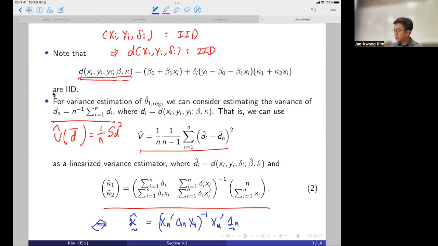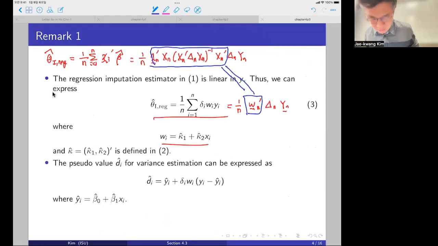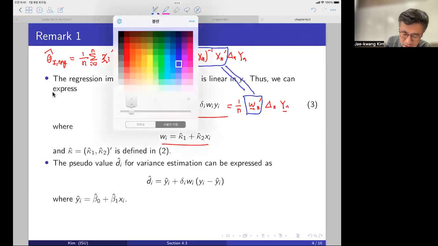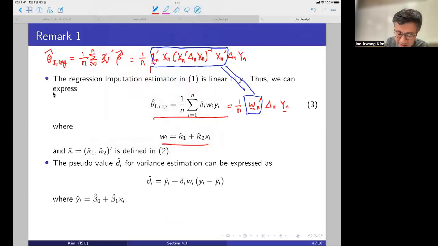So we can actually use this. Some of you probably notice that this guy here is already kappa.